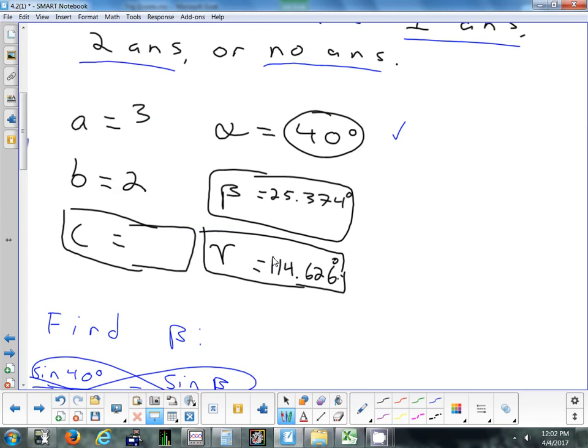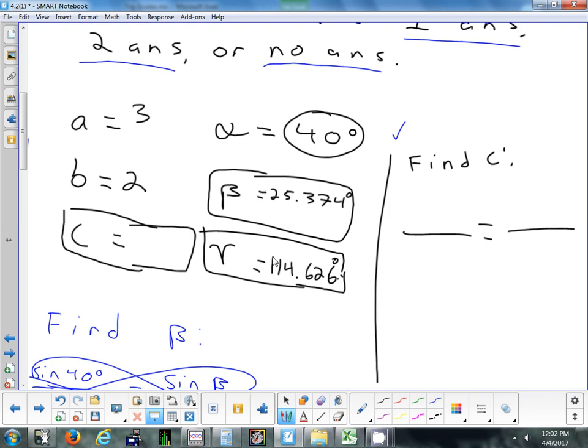Now I finally have a piece of information in the last row which I can use to find C. So my last step: set up your proportion to find C, and this is going to be just like we did in the first two. Which row should I use?